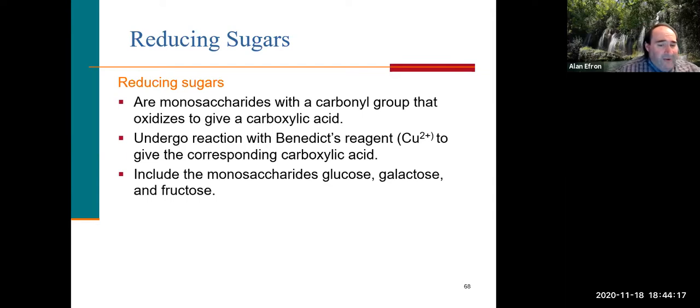We have an aldehyde group that can go off and gain that extra oxygen, and we get our carboxylic acid. You can use something like Benedict's reagent, which will change color from blue to that orangey reddish color to indicate that this process has occurred. And it includes pretty much everybody: glucose, galactose, and fructose are reducing sugars.